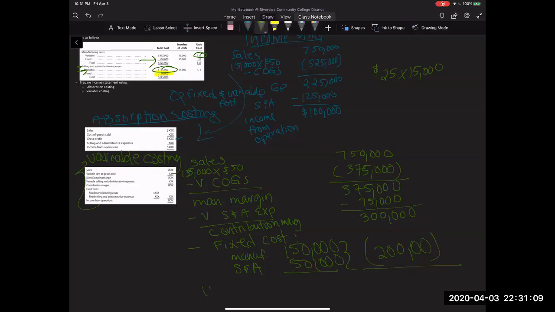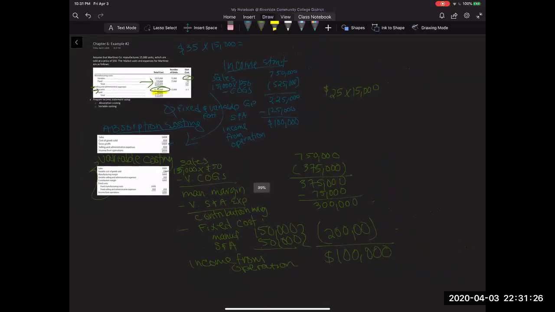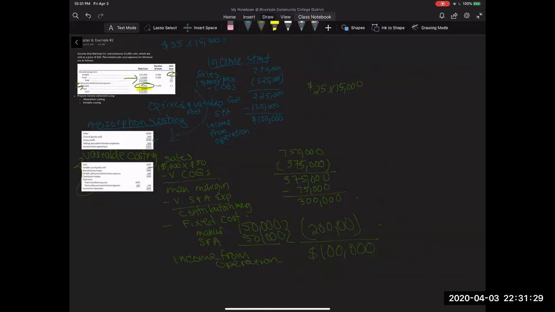And so after I did that, my income from operation comes out to the difference between my contribution margin less my fixed cost. It is $100,000. Okay. So what you should see from my screen right now is that if I sell everything I make, my income from operation under both methods will yield the same income from operation, right?